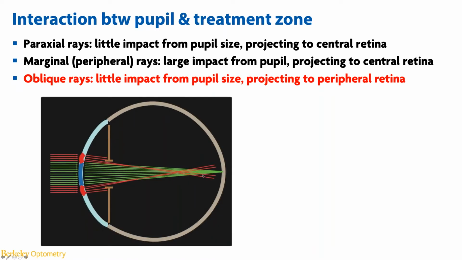The second type of rays is called the marginal rays or peripheral rays, which is designated as red here. This is the type of rays whose incidence angle is also parallel with the optical axis, but it's a little bit further away from the visual axis.